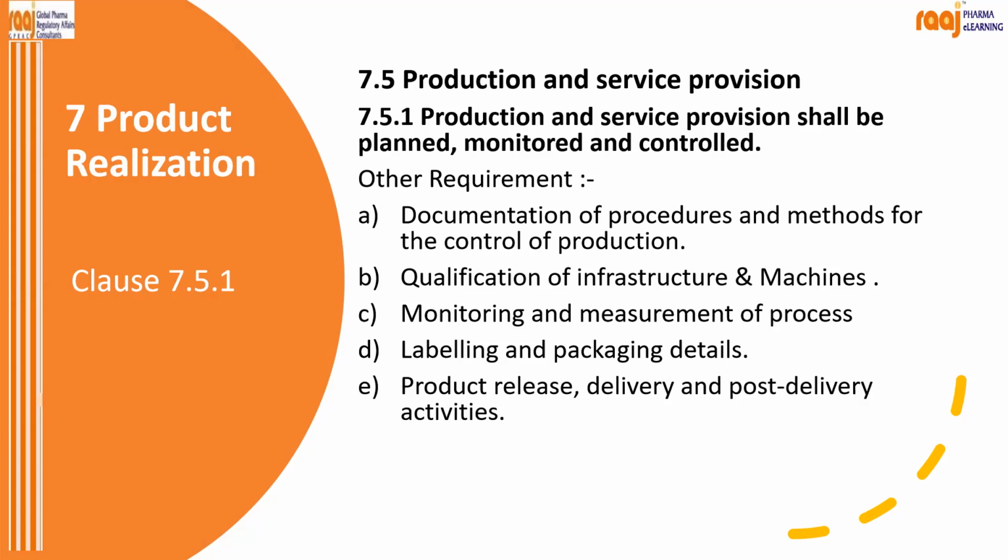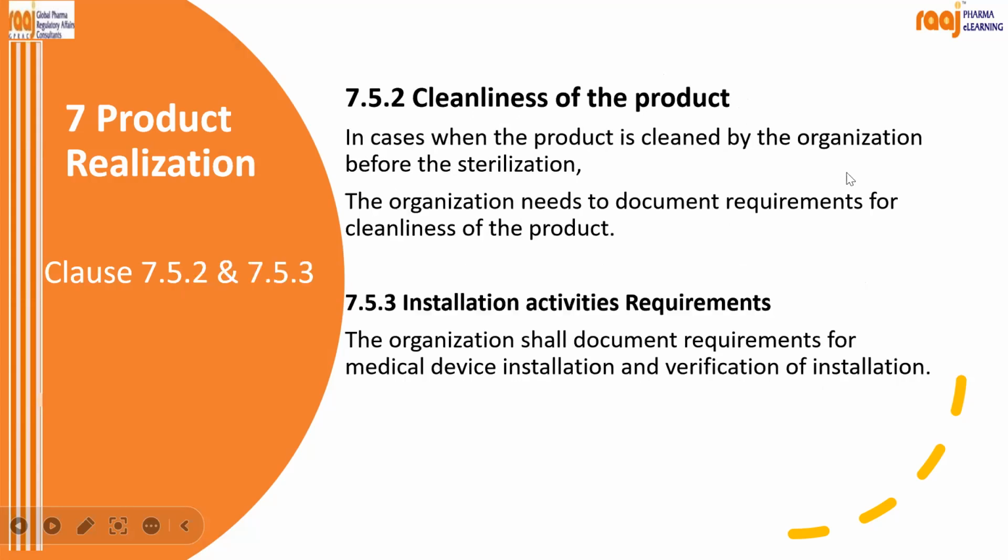Then what are the checks and tests, IPQC, critical process parameters, how it is monitored, packed, labeled, and released, till delivery and post-delivery. So all the activities have to be captured under production and service provision.